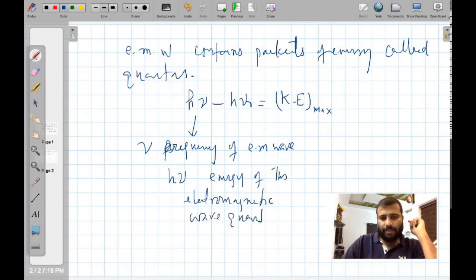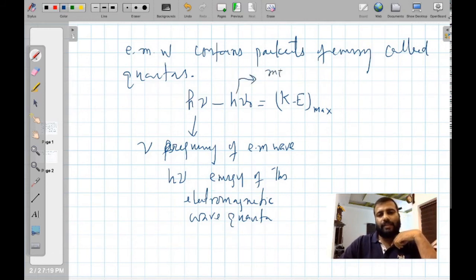Later on, this quanta is termed as photon, and we say h nu is the energy of the photon, and h nu 0 is actually the minimum energy required for the electron to come out of the metal surface.